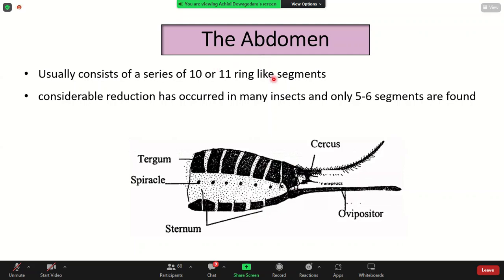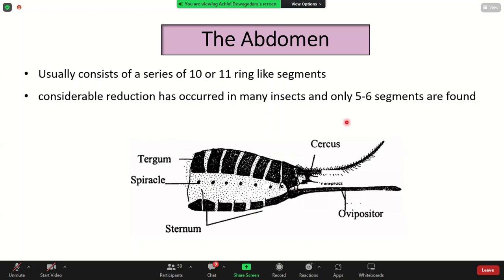The number of segments varies according to the type of insect. So 10 or 11 may be present, but the number of segments may differ according to the type of insect. Right?